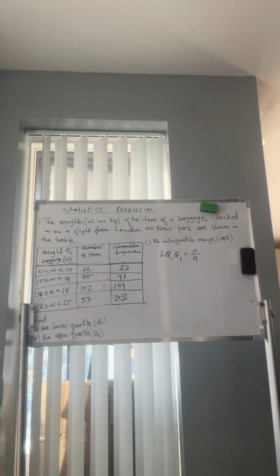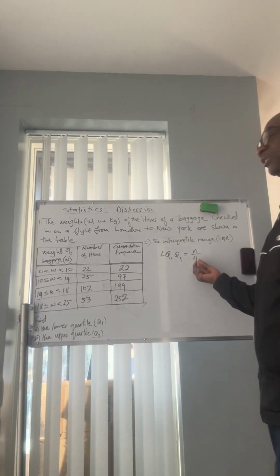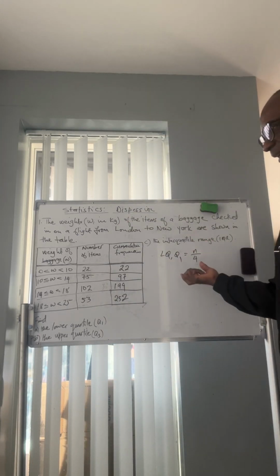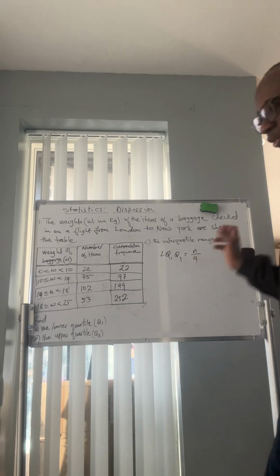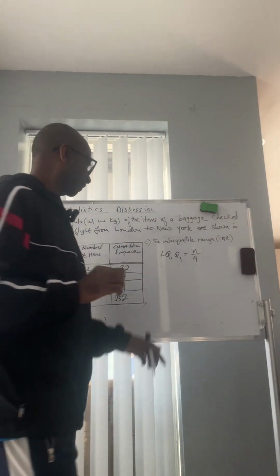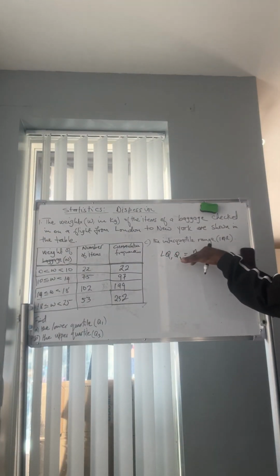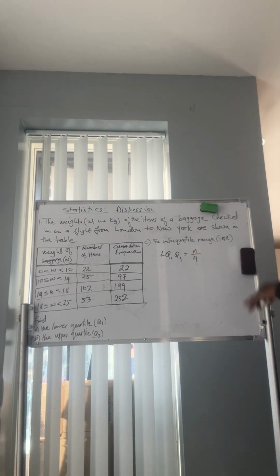N over 4, that is the number of elements in your data set divided by 4, will give you the position of the lower quartile. This formula gives you the position, not the actual number itself, right? It will give you the position of where the lower quartile lies, not the lower quartile itself.